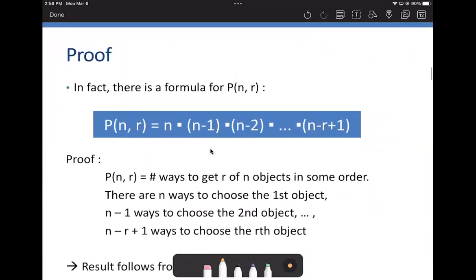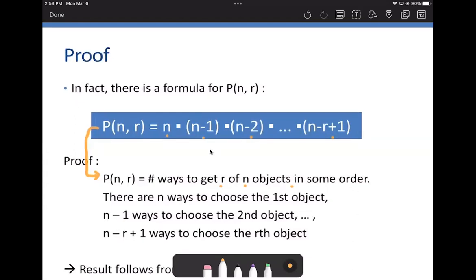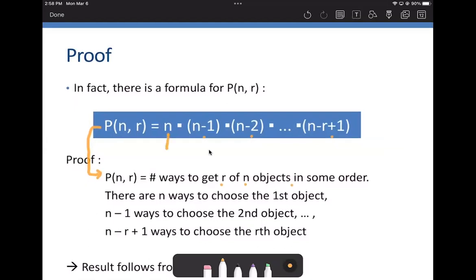So now, there is actually a more shorthand formula for permutation of N taken R, and that is P of N taken R, in which this is the number of ways to get R objects of N objects in some order, and that is equal to N times N minus 1 times N minus 2 times ... times N minus R plus 1, wherein N is the number of ways to choose the first object.